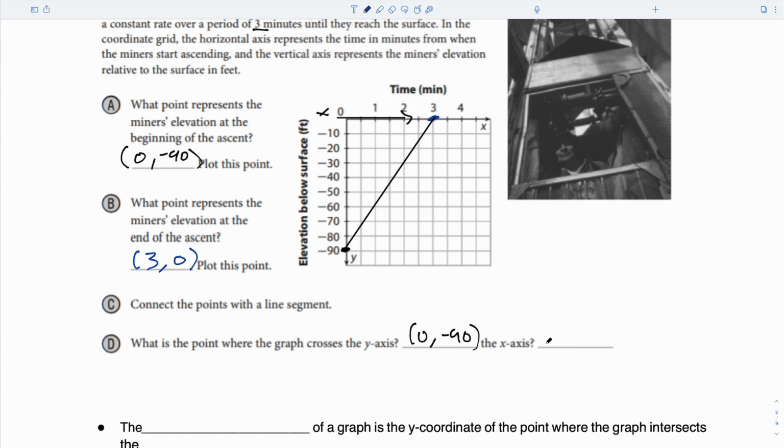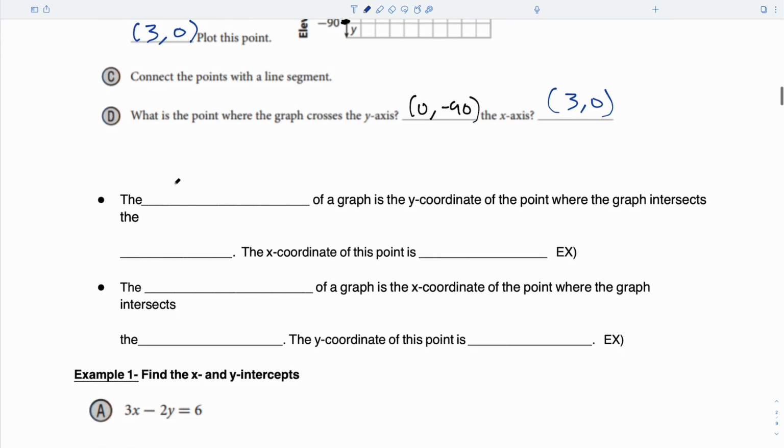Today we're going to be looking at 2 points and solving problems with 2 points. The x and y-axis part is what we're going to be searching for today. So the y-axis was where it crosses the y part. The x-axis is where it crosses the x right here. And we found those 2 points.